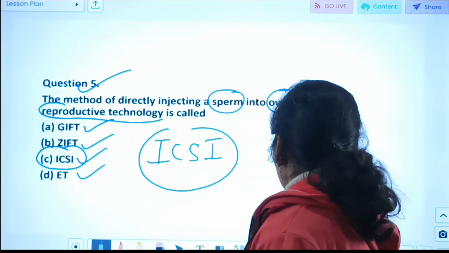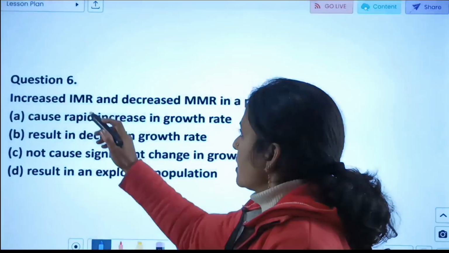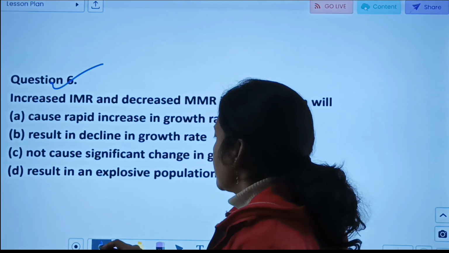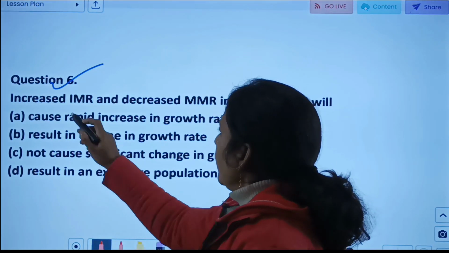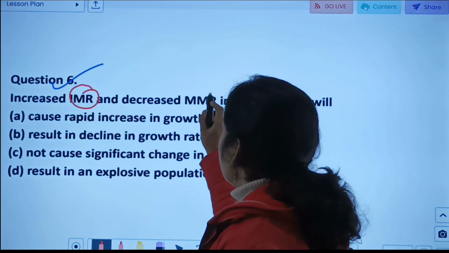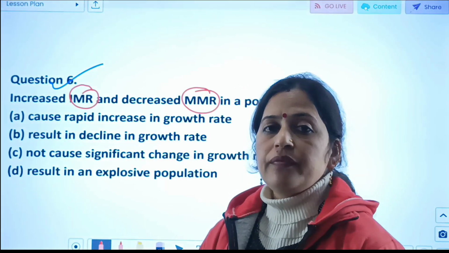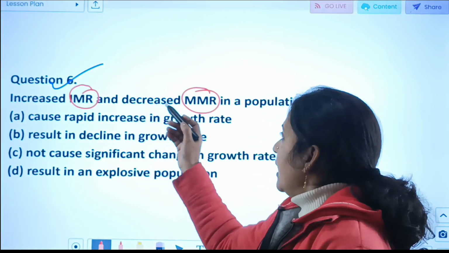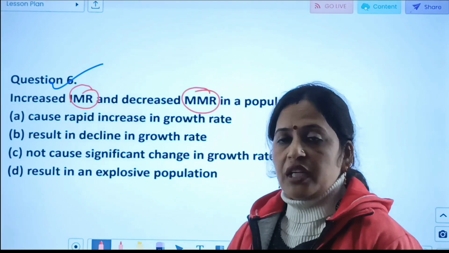Now shift to the question number 6, and your question number 6 is increased IMR and decreased MMR. IMR is infant mortality rate and MMR is maternal mortality rate.